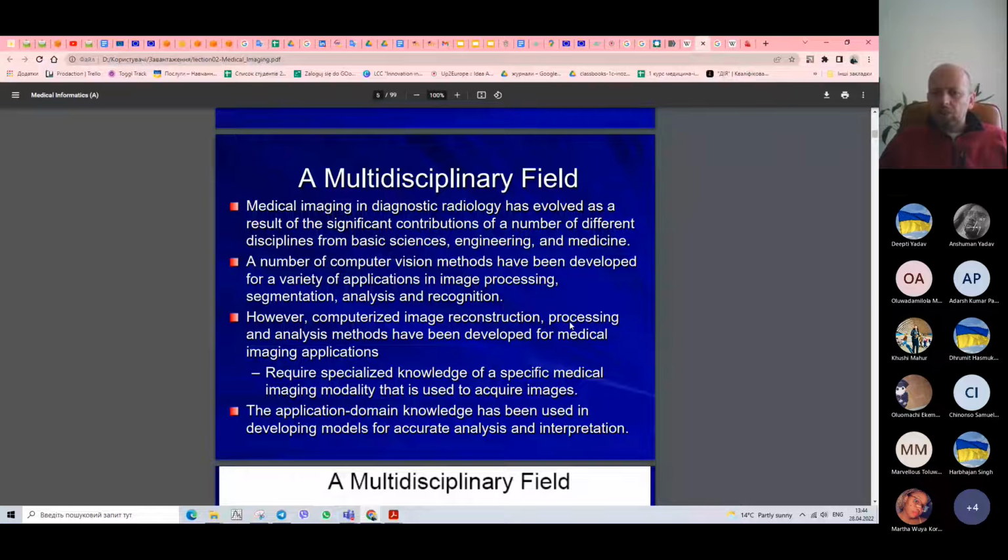Now we discuss which specialties are included in creating medical images, for example in radiology, and who connects in the development of these methods: medicine, scientists, engineering, and of course future users, who will use, interpret, and create different medical solutions, different medical trajectories on the basis of this medical imaging.